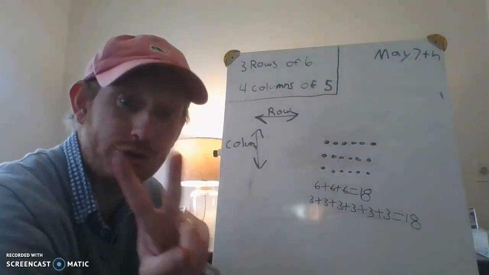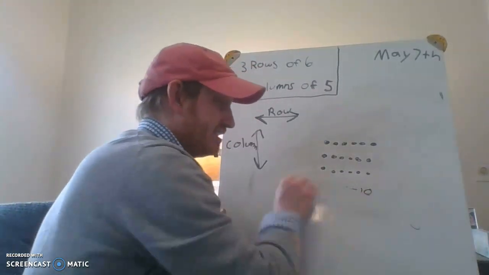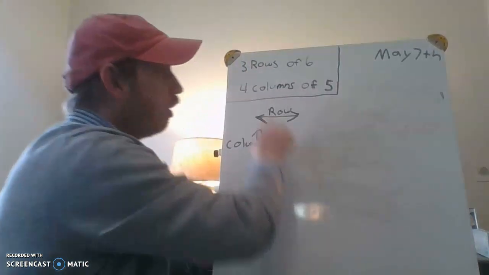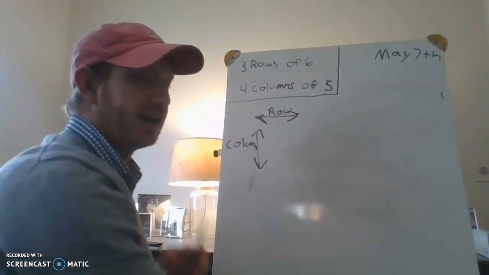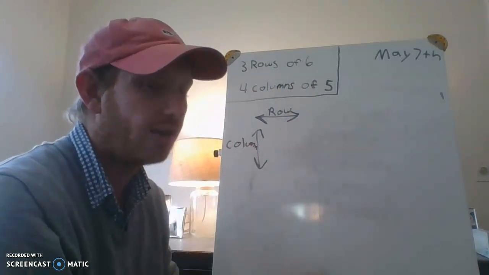Let's try problem number 2. Problem number 2 now says that we have 4 columns of 5. We have 4 columns with 5 in each column.